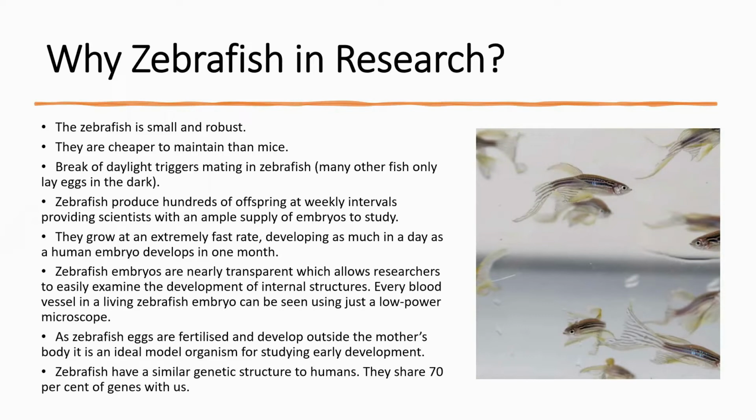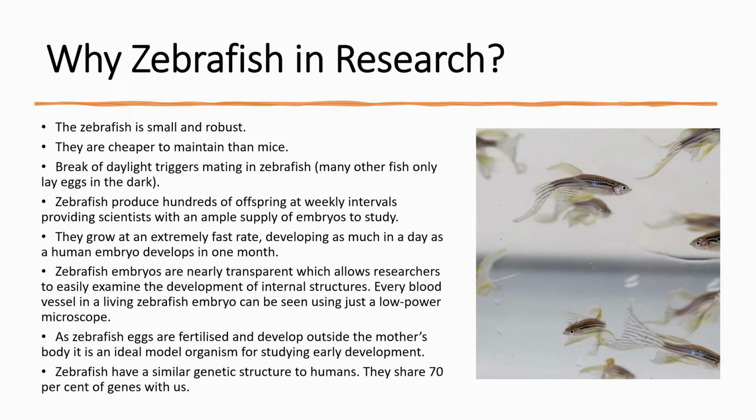Zebrafish produce hundreds of offspring at weekly intervals, and this gives us an ample supply of embryos to study, because there are many scientists working on the embryos of zebrafish for developmental studies, and they grow at an extremely fast rate, developing as much in a day as a human embryo develops in a month.